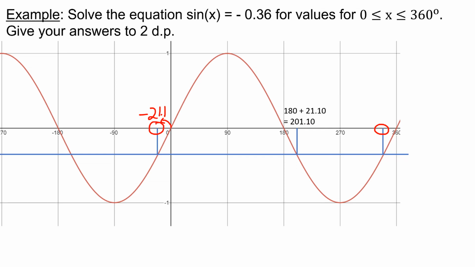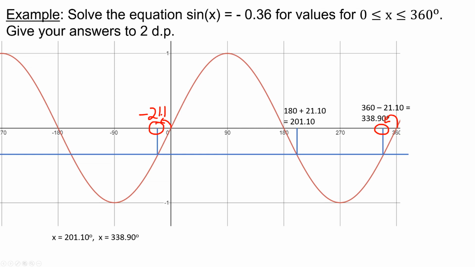Similarly, sine of 360 is 0, so that's also symmetrical. But this time we need to go to the left. So to find the circled solution now, I need to do 360 take away 21.10. And this will give me two solutions, x is equal to 201.10 and x equals 338.90 to 2 decimal places.